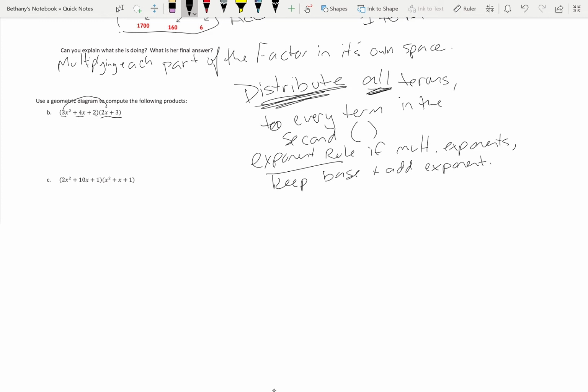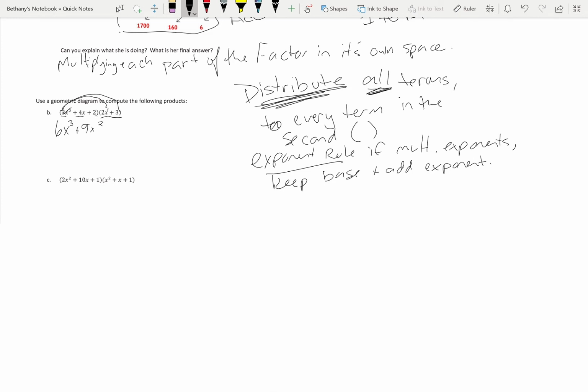So for example, 3x squared times 2x to the first. 3 times 2 is 6. X squared times x to the first, I'm going to keep the x, and 2 plus 1 would be x to the third. 3x squared times 3 is just 9x squared. And I'm done for the first term. I can check it off.